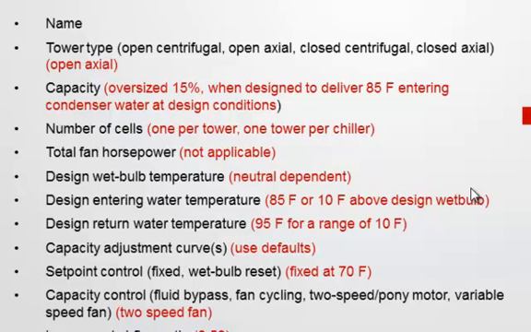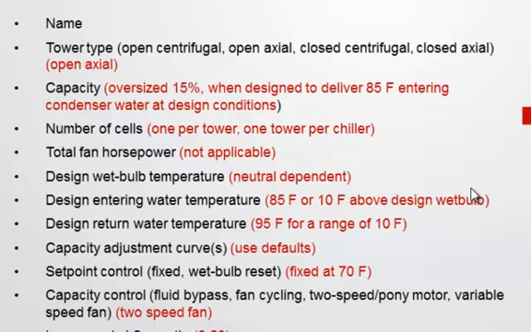The horsepower is not used because it's specified in another manner. The design wet bulb is the same as the rated building. The entering water temperature is 85 degrees or 10 degrees above design wet bulb, whichever is less.